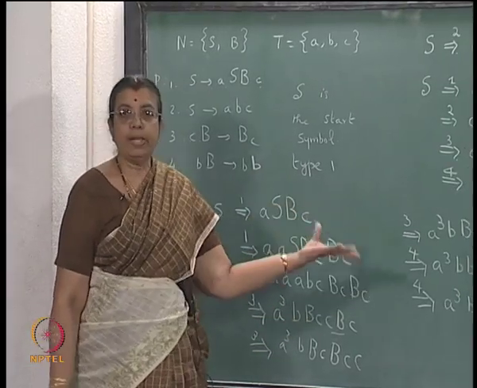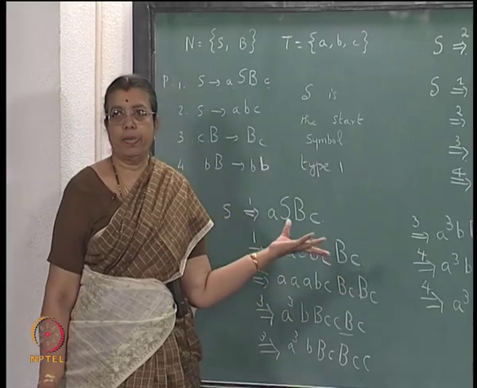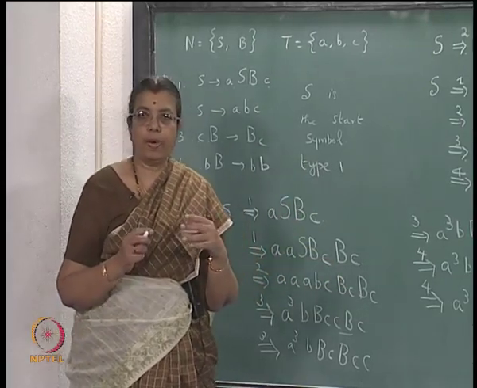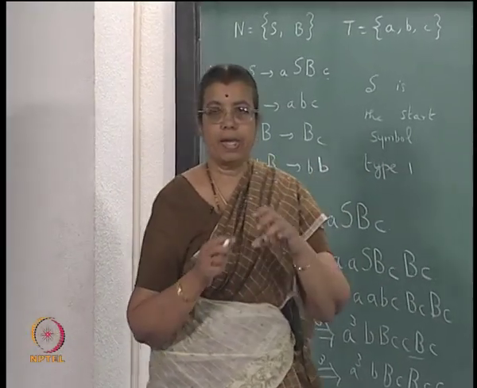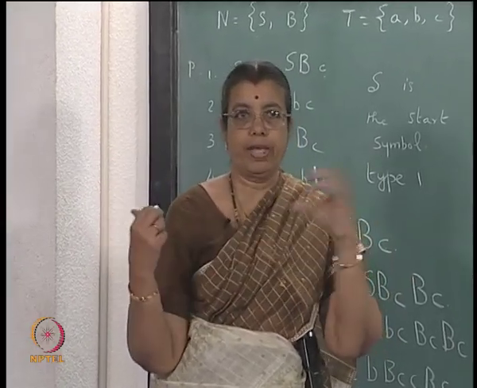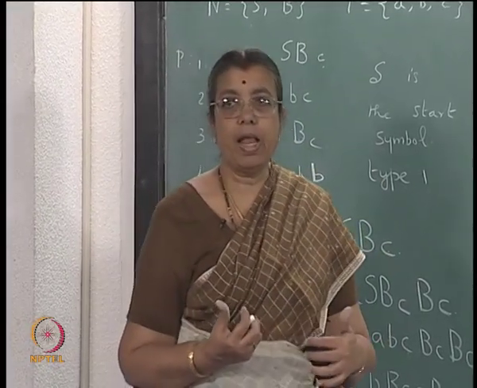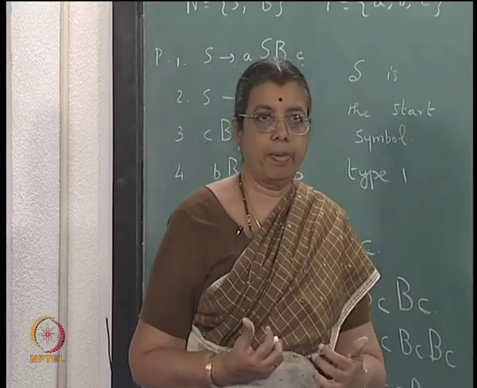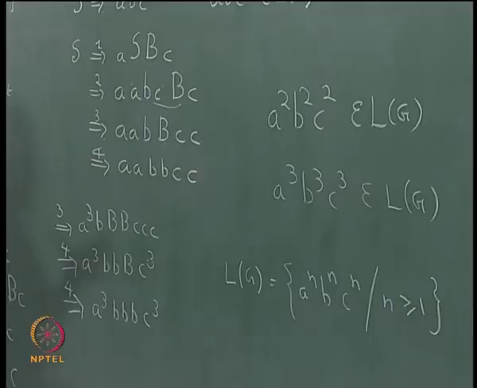This cannot be generated by a type 2 grammar. In type 2, when you replace by another non-terminal, you can generate an equal number of a's and b's. We considered an example where you can generate a to the n, b to the n. But here you have to keep the same count for a, b and c. For this, something else is required.